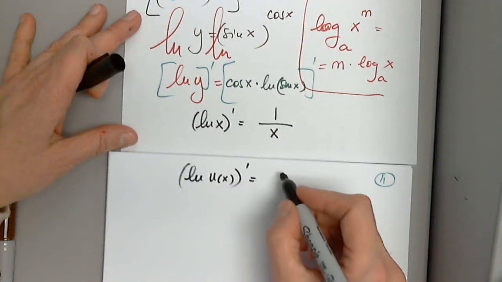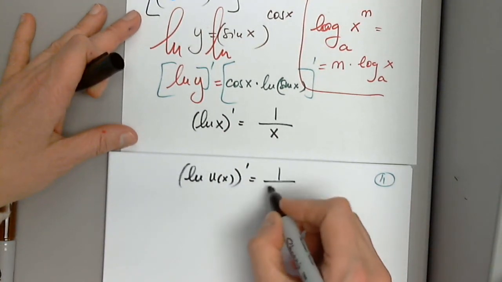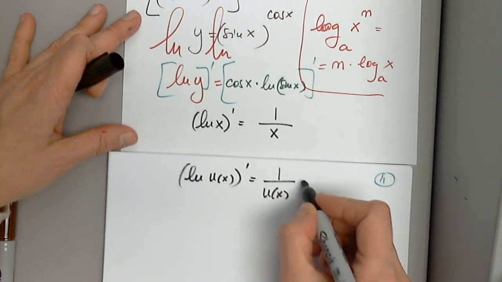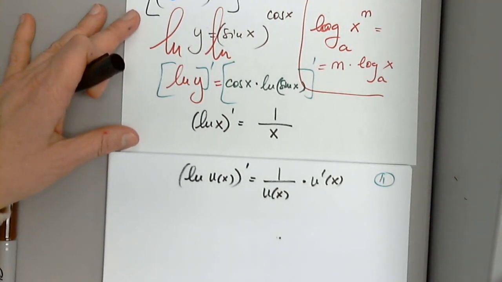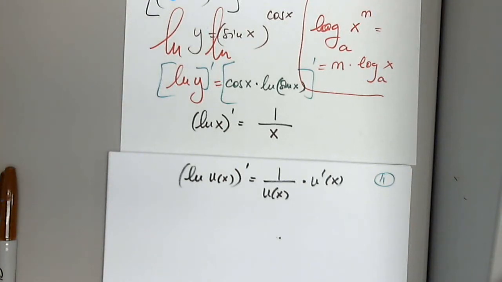What will that equal to? 1 over u of x times u prime, of course. Now you know the rule. Perfect. So let's start. We will prove this, why this is it, like we did with a to the x. I will not ask you for it, but I will show you why.